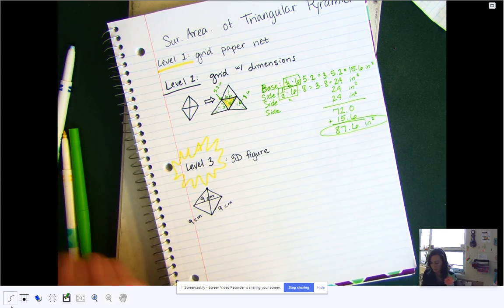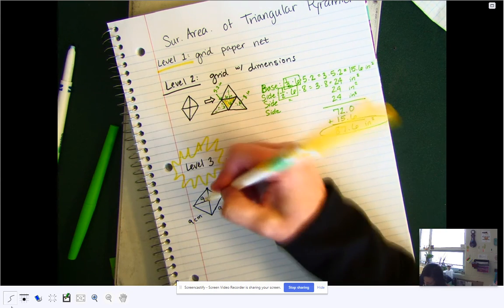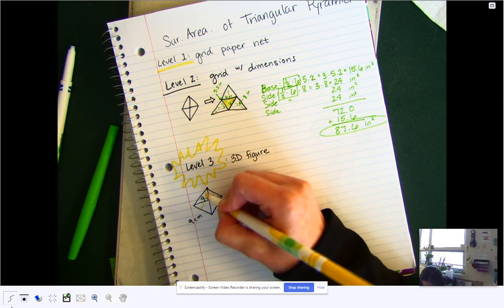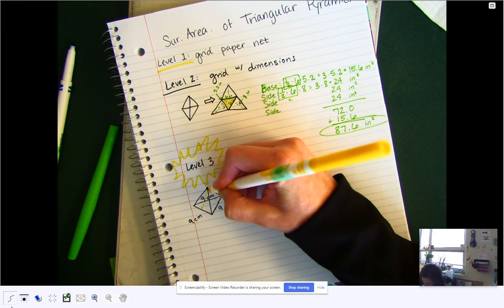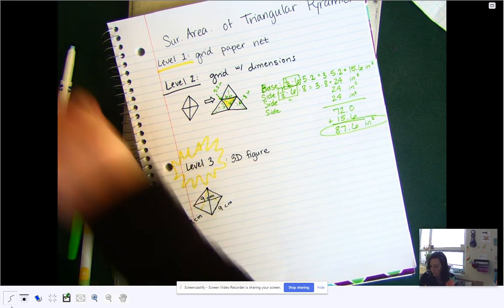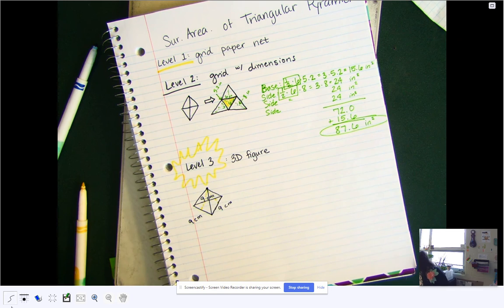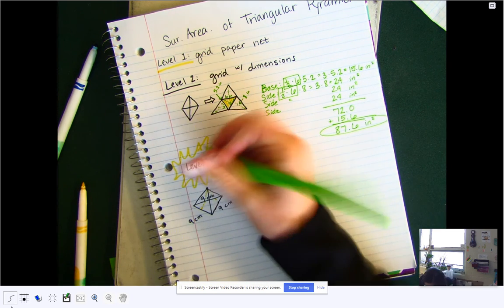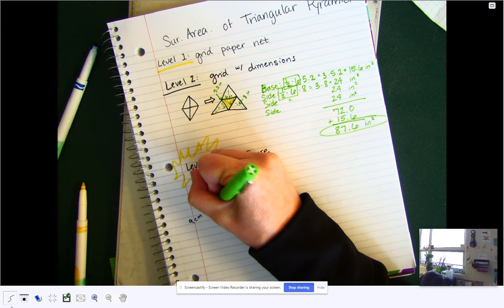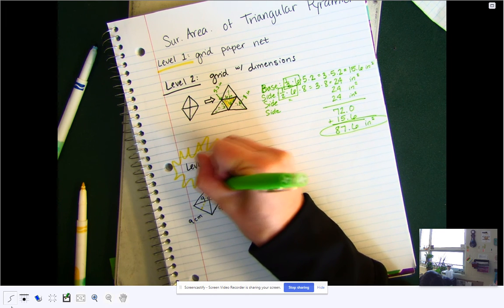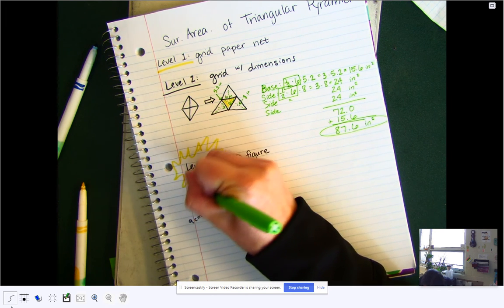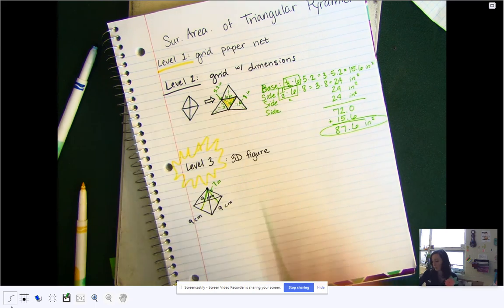So the height of the 3 triangles that are standing up, all of those triangles have a height of 7 inches. So this has a height of 7 inches, this has a height of 7 inches.